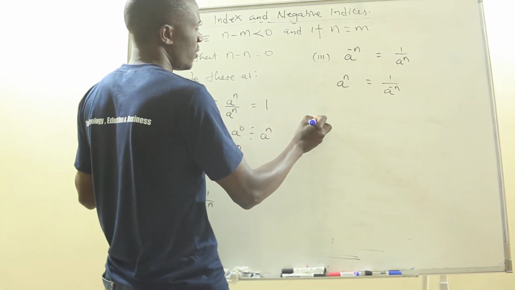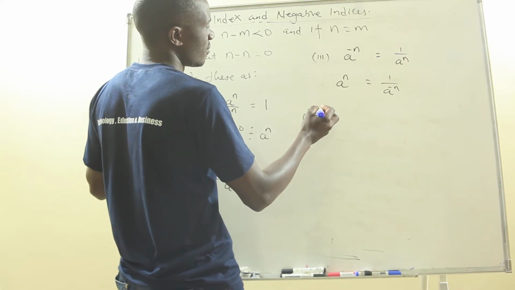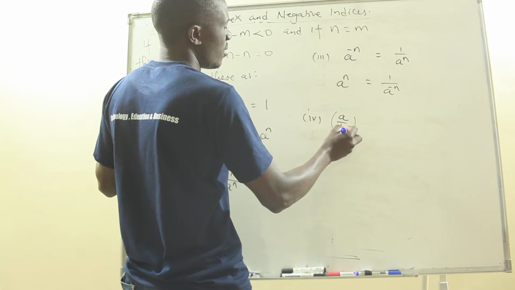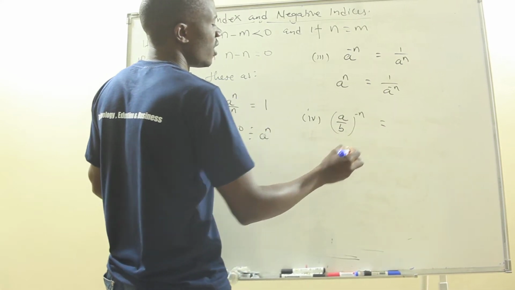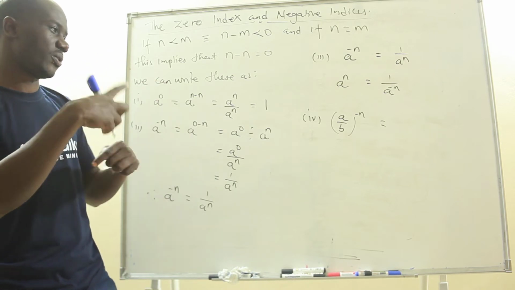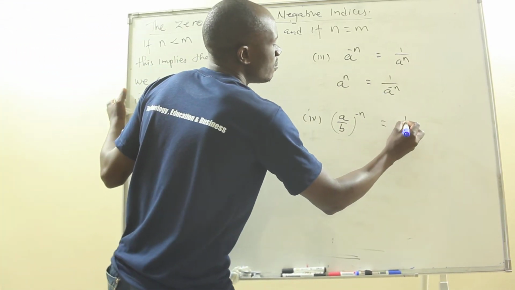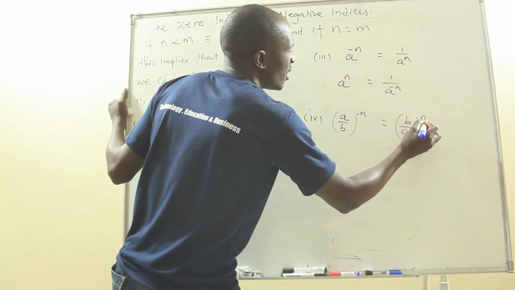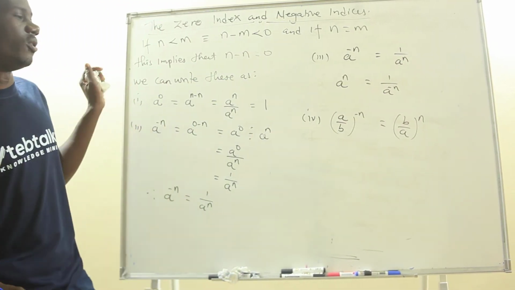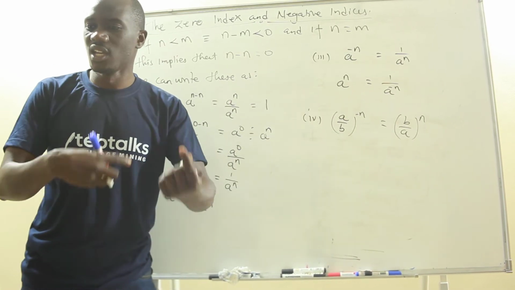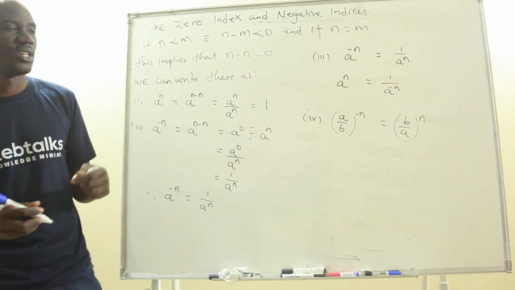So Roman 4 is a out of b power negative n. When you have a power which is negative, you take the reciprocal. This is the same as b out of a power positive n. If you have b out of a power negative, you just take the reciprocal of that.